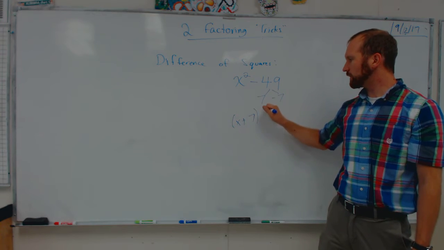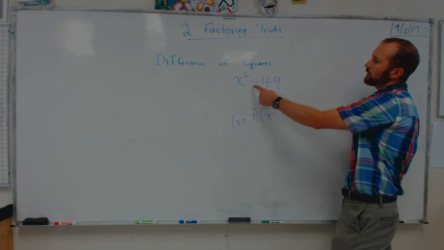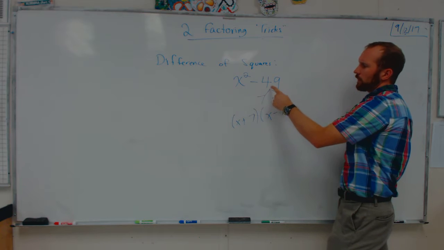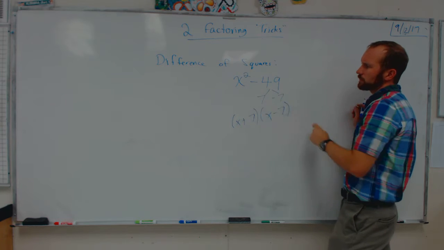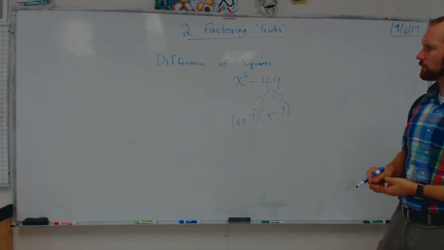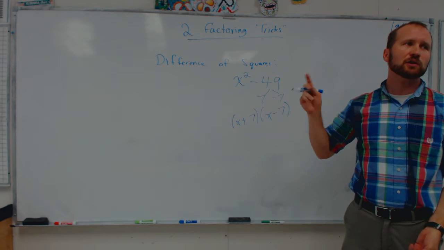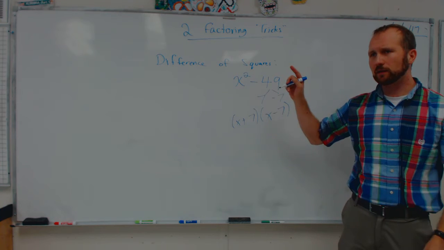Why do we call this a difference of squares? Well, we have a difference, and this is a perfect square, and this is a perfect square. So it's a difference of squares. Now, the first term in this actually could be something other than just x squared.